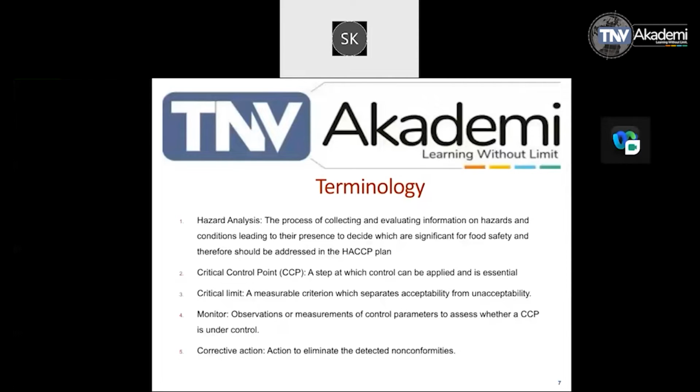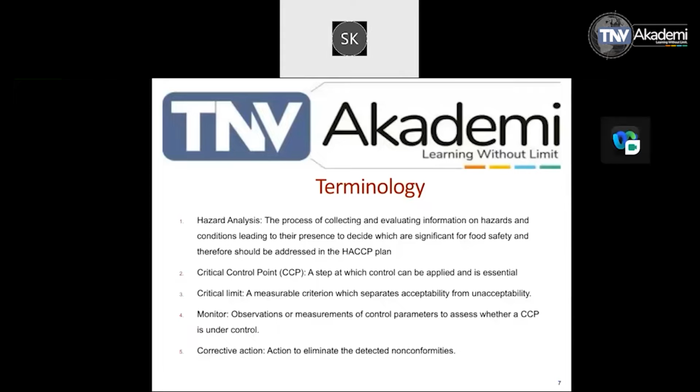Monitoring is the observation or measurement of control parameters to assess whether a CCP is under control. As we have done the hazard analysis, the CCPs, and established critical limits, we have to monitor the critical limits and CCPs, because we have to prove whether the process is under control or not.